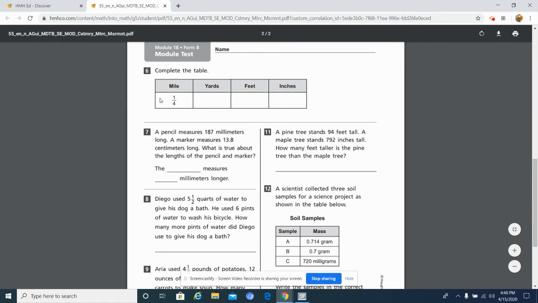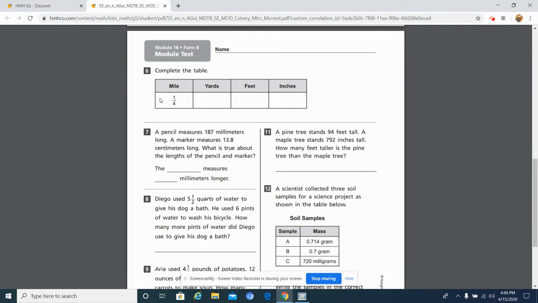Oh, but what's our problem right now? It's 1/4 of a mile. Well, what is 1/4 of a mile? Is that the easiest way we want to do it? Because it's not 1 mile. So this would be if we were just doing 1 mile. So we've got to find out what 1/4 of a mile is first.